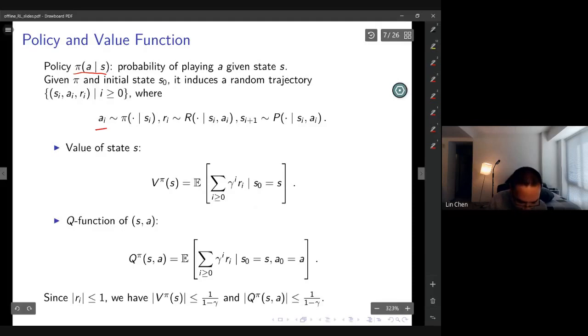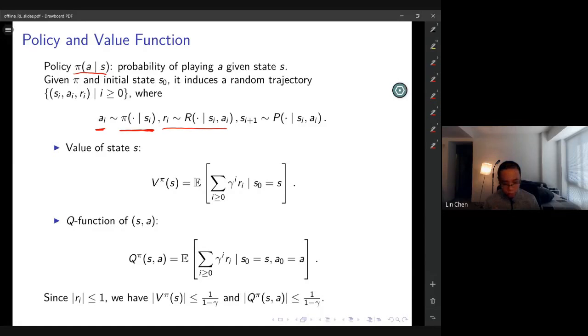And Ai is sampled from the policy distribution given the current state Si, and Ri is the random reward sampled from the reward distribution given Si and the action that the agent takes. And Si plus 1 is the random next state given the current state Si and the agent's action Ai.